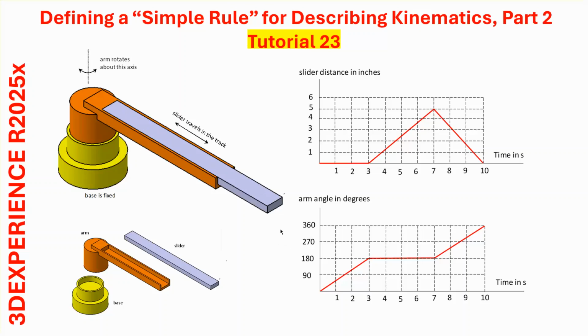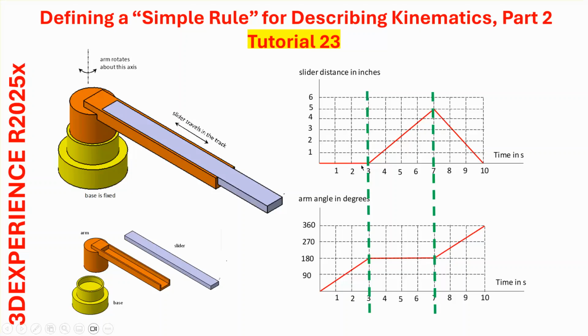It is possible to do this problem in other ways, as shown in tutorials 2, 3, and 4, but I'm going to use a simple rule here. Notice that the displacement of the slider and the angular position of the arm are plotted here, and this is what I want to code, but the breakpoints are the same.